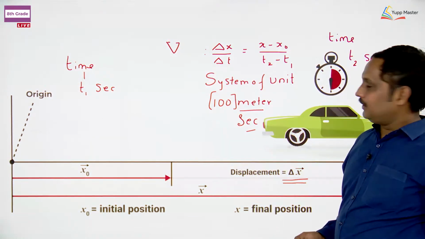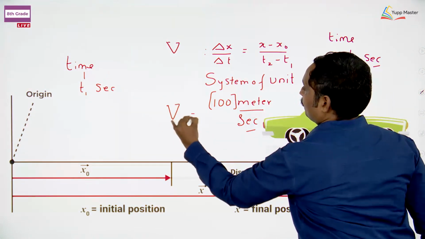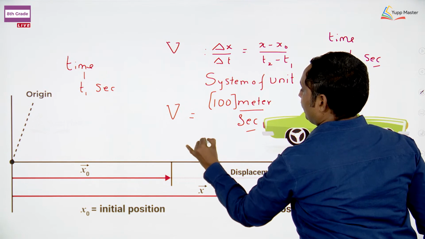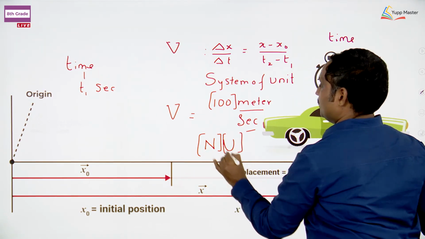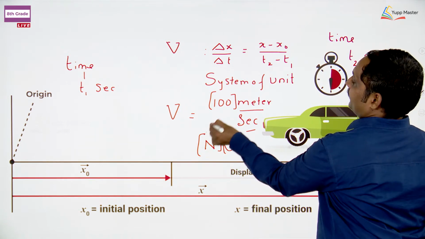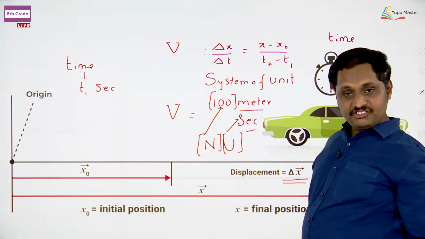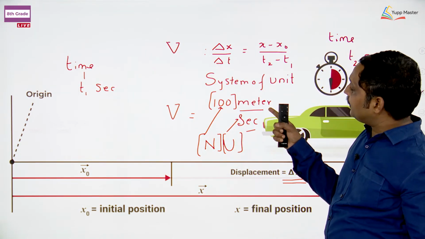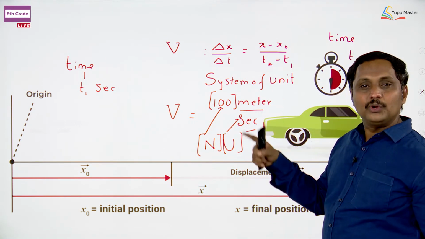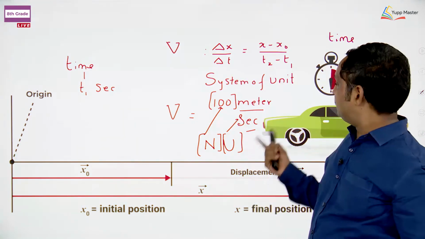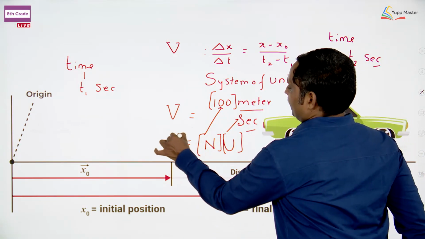So the measurement gives V equal to 100 meter per second. Generally it is expressed as N into U. What is N? It is the numerical value. What is U? It gives the unit. Thus we can express it in any desired system of unit, whether in meter or in centimeter also. That is very clear.